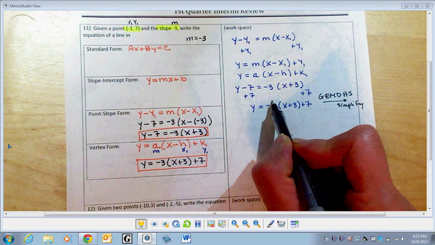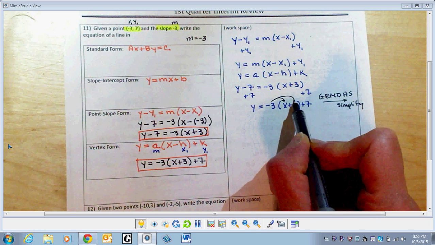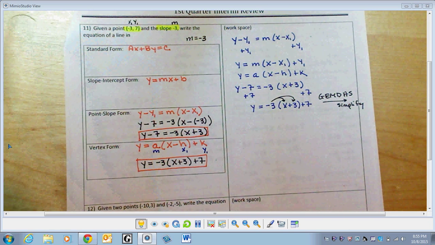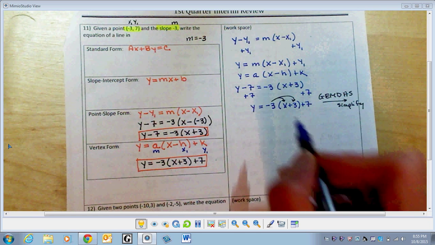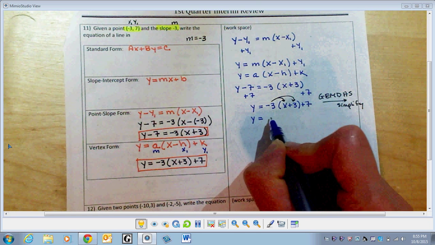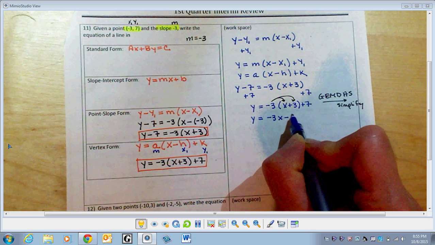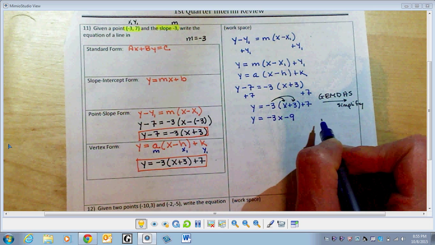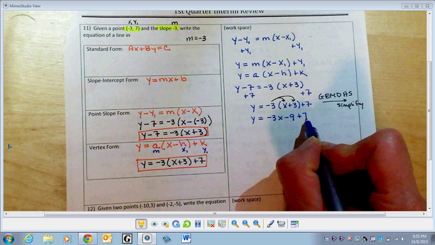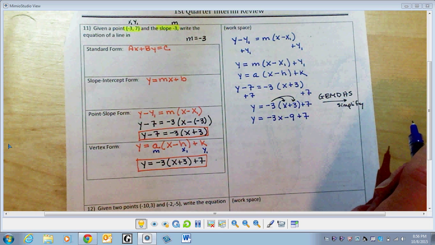So I'm going to multiply this negative 3 into the parentheses. So that gives me y is equal to negative 3x. Negative 3 times 3 gives me negative 9. This plus 7 is on the outside, so it stays on the outside. Nothing happens to it.